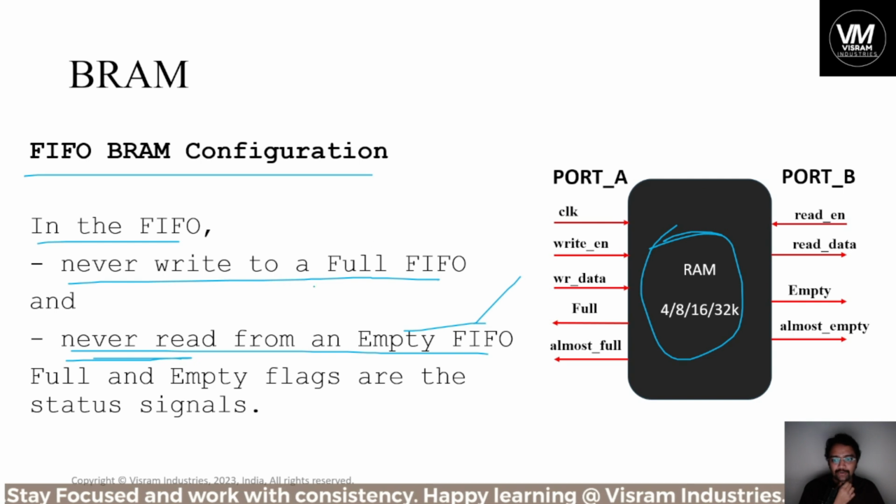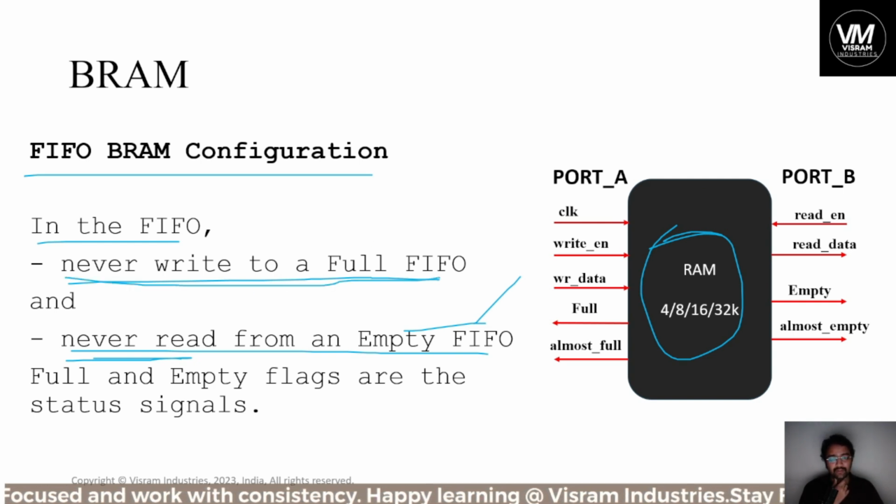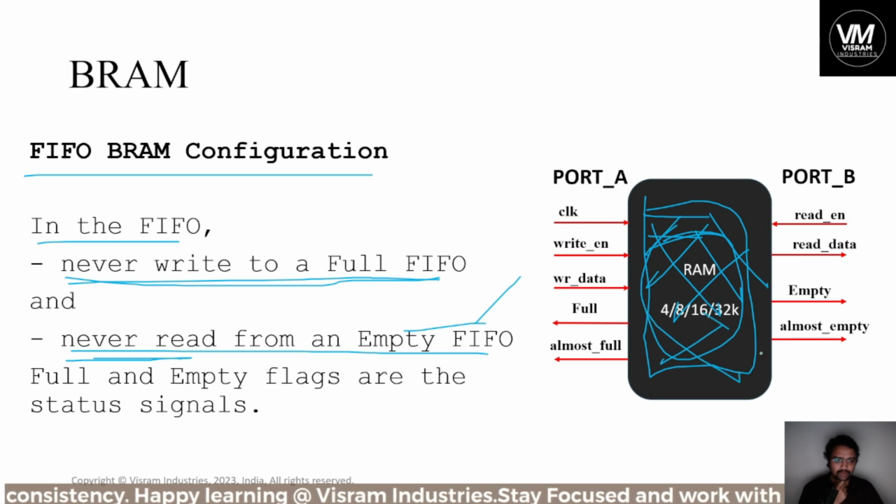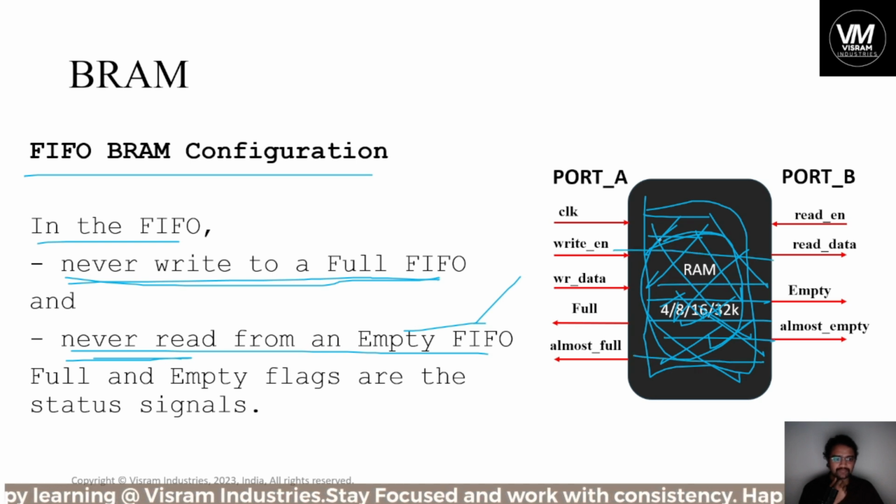Then you will get to know, okay, never write to a full FIFO. What does this mean? If the FIFO is full, you have no space left, every register is full now. Can you write any more into the registers?